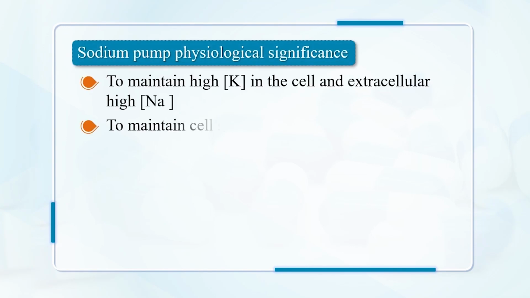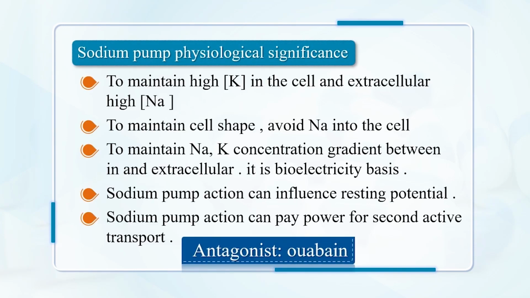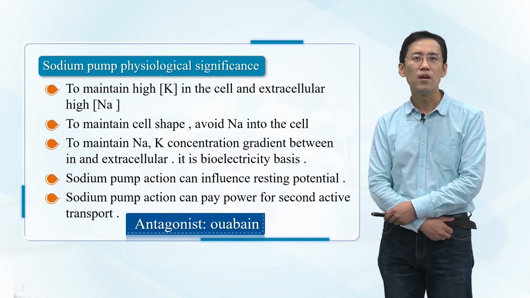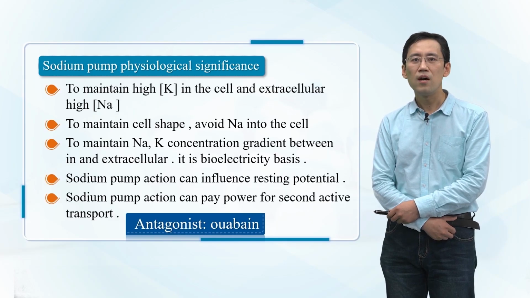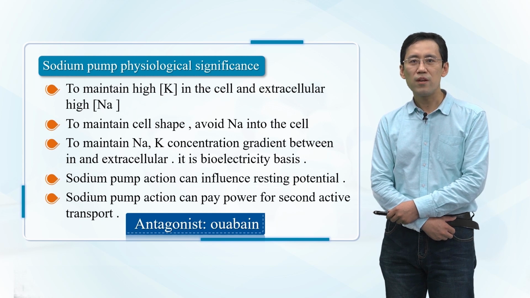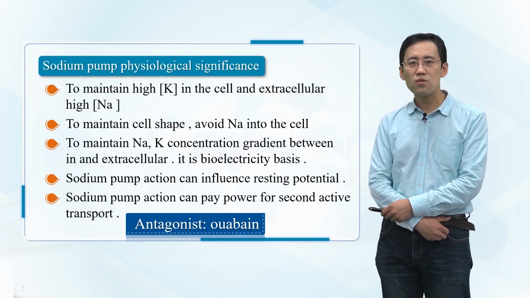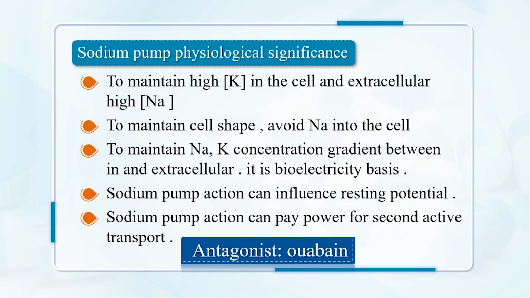This is called antiport. The physiological significance of the sodium pump includes maintaining the high potassium concentration in the cell and the high sodium concentration extracellularly, maintaining the cell shape, avoiding sodium entering the cell, and maintaining the concentration gradient between intra- and extracellular. It is the bioelectricity basis.